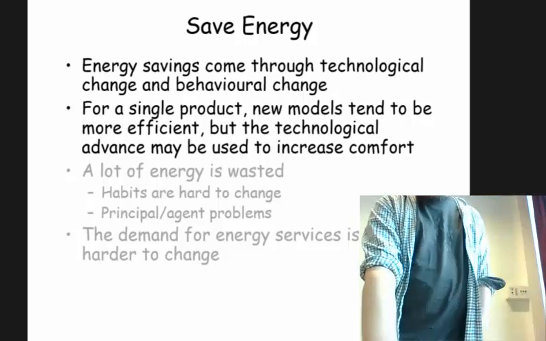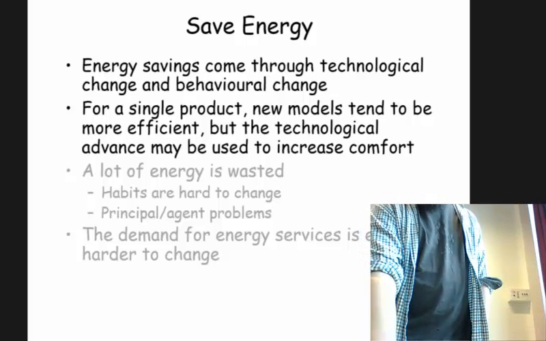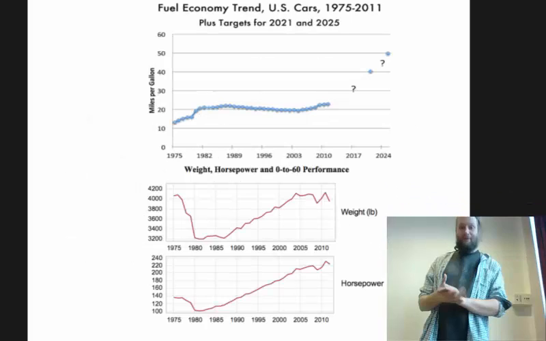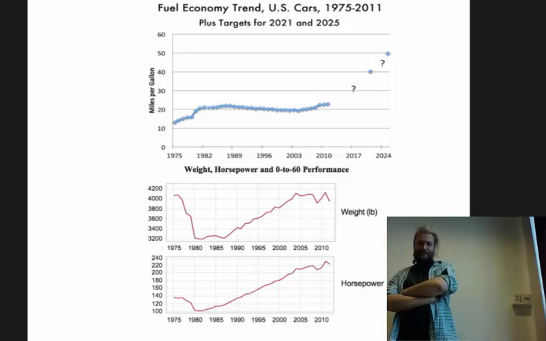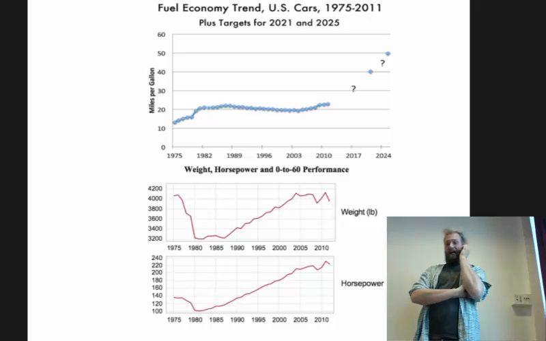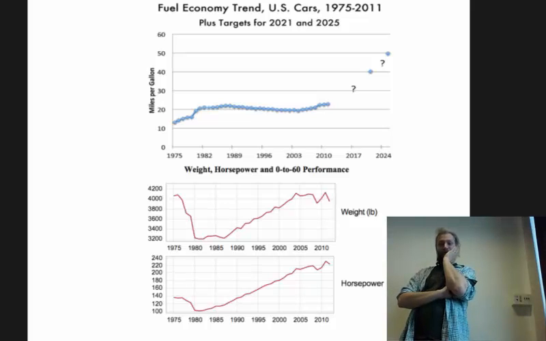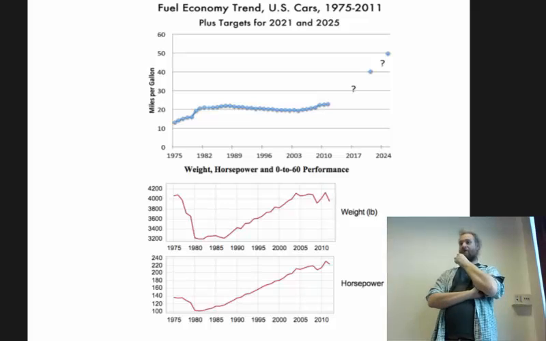A good example of that is found in the automotive industry in the United States. In the top graph, you're looking at the fuel efficiency of the average car sold in the US over time. And fuel efficiency is here measured in miles per gallon.